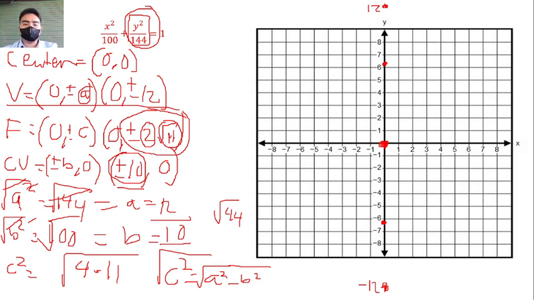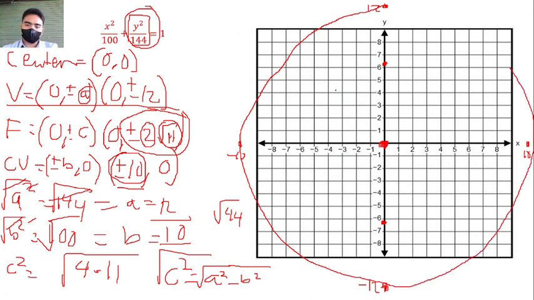Okay, take note. So therefore, let's just say your co-vertices lie in here. So it's negative 10 and positive 10. Okay. If you're going to plot it, it will become just like this.